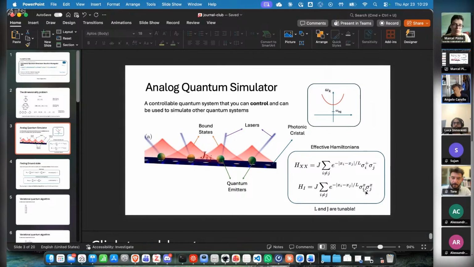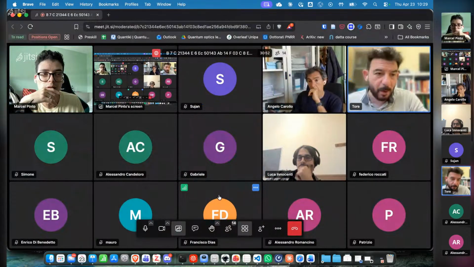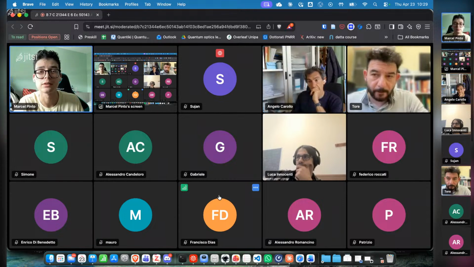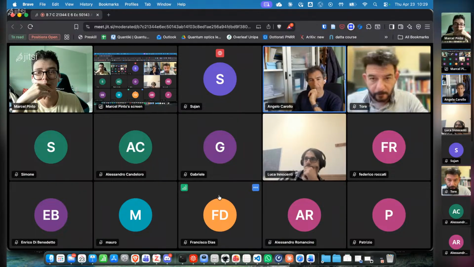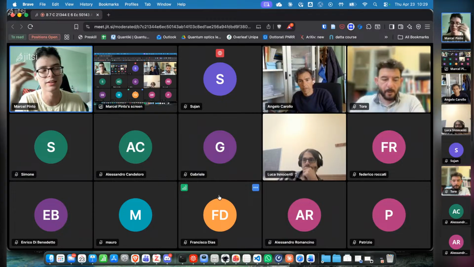To have XX, you have to have also terms which are not number conserving, I suppose, right? Plus and minus goes to XX plus YY, no? Exactly. Yes, you're right. I think it's quite outside of their reach, but they claim they can do that. Yes, they do claim. I didn't do the calculations in detail, but I can check that later.